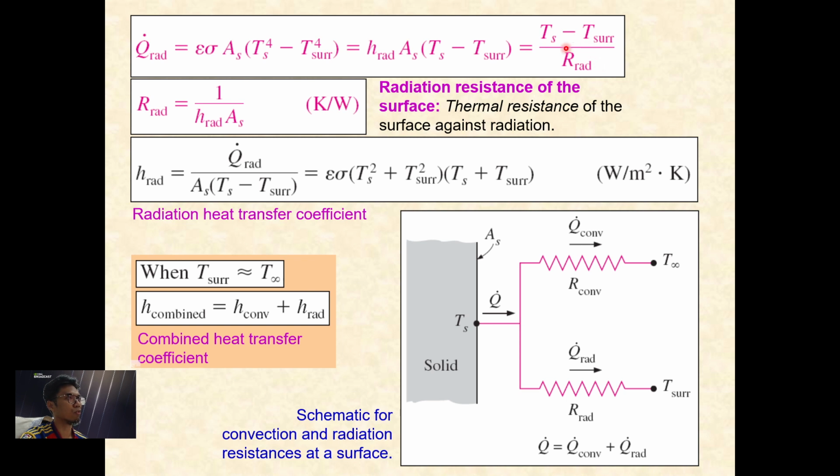If we simplify those, R rad can become like this, 1 over h rad times As. So what is h rad here? This whole lot.